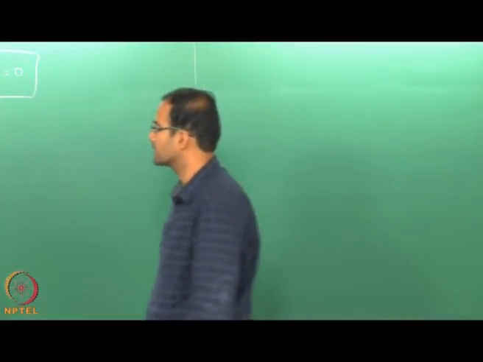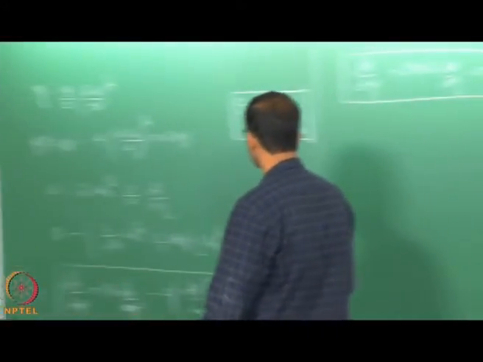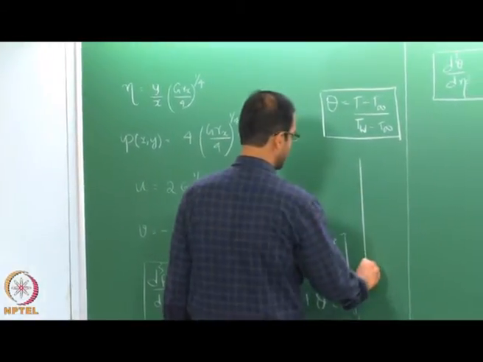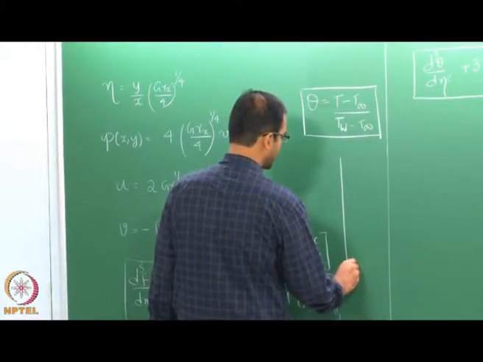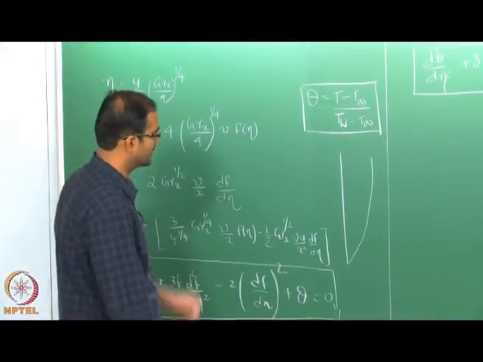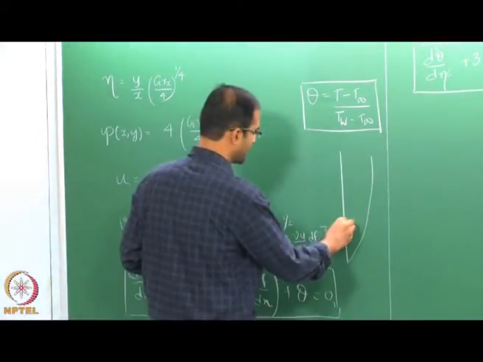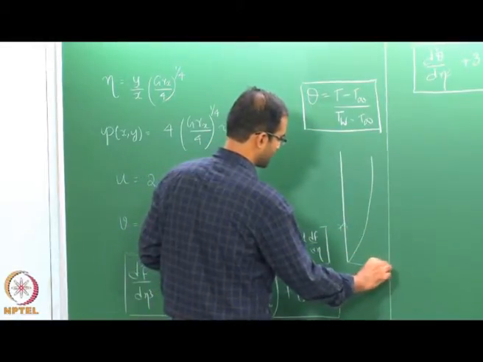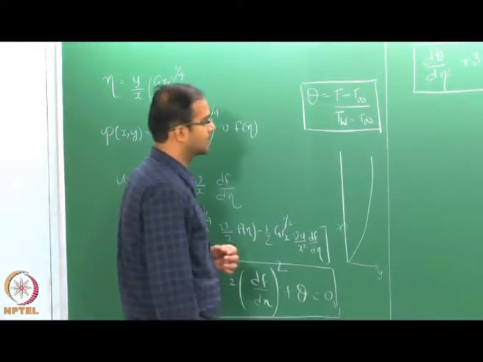So, what are the boundary conditions here? If you take the case of the vertical plate, they are pretty much similar to the case of external forced convection. We have the coordinates x and y.